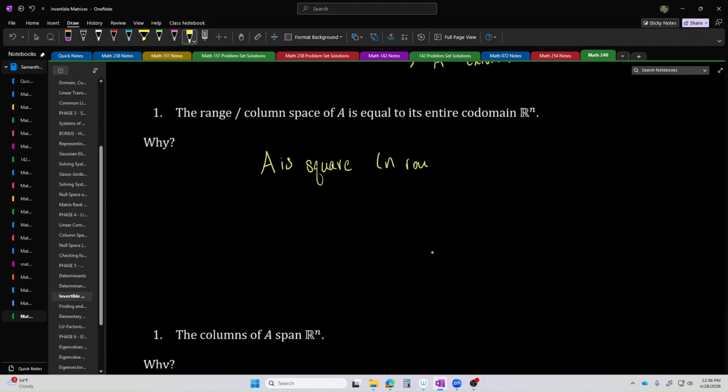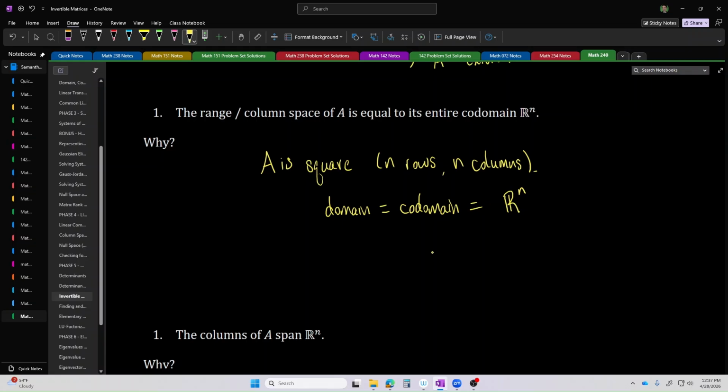N rows, and therefore also exactly n columns, however much that happens to be. Which means that the domain and the codomain of this matrix must both be n-dimensional space.